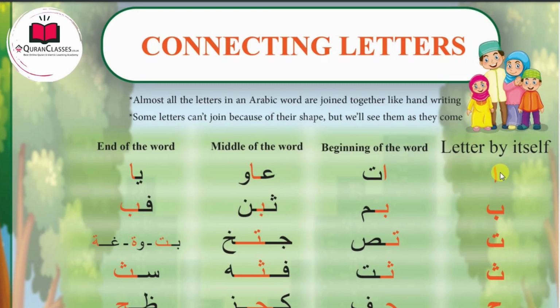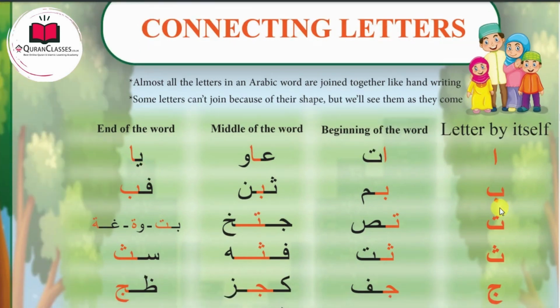When you see the letter by itself and at the beginning of the word, it looks like this: Alif Ta. In the middle of the word we can see it like Ayn Alif Waaw. It's a join of three letters. First one is Ayn, second is Alif, after that we see Waaw. When Alif comes at the end of the word, we can see here Ya Alif.